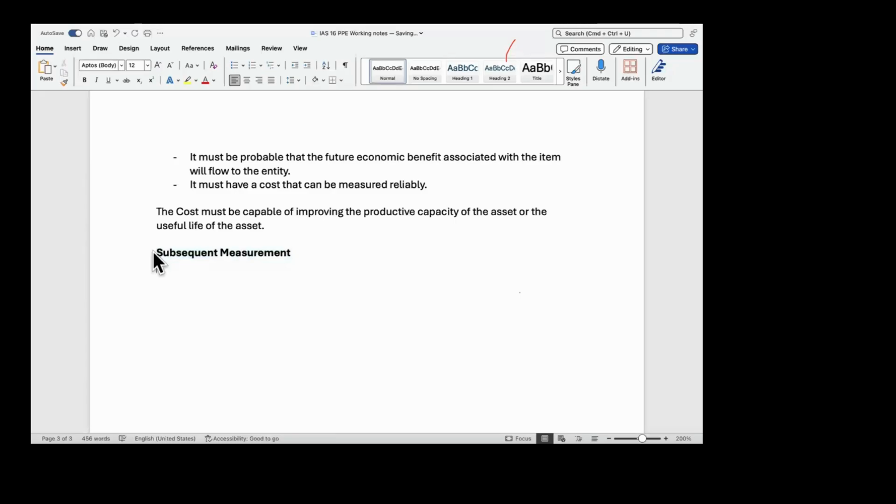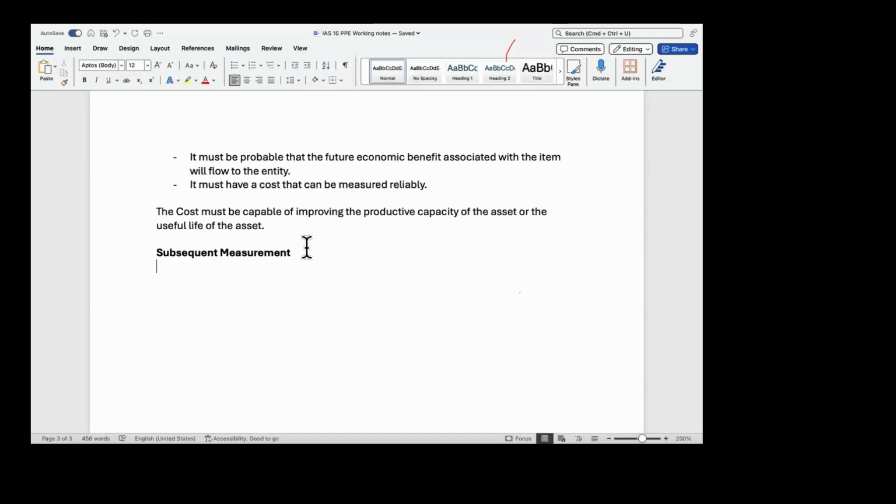Now, subsequent measurement is measurement at the end of the year, or measurement at the reporting date. So in reporting, we usually get the value of our assets in our books. That is subsequent measurement.